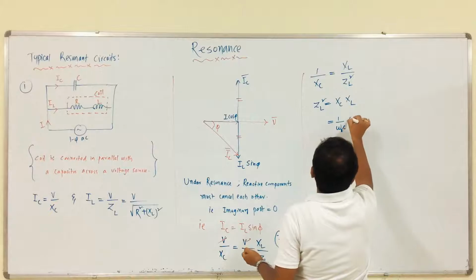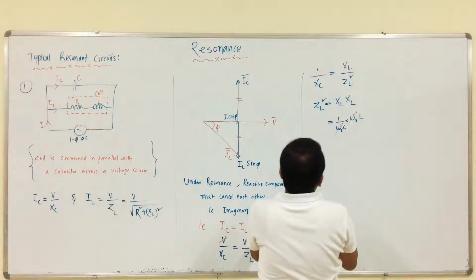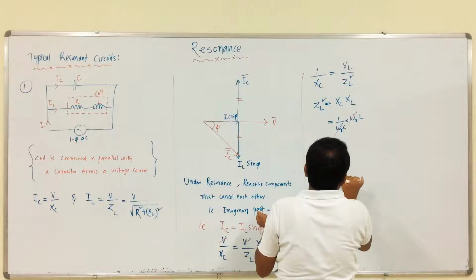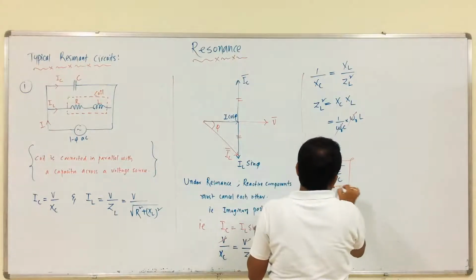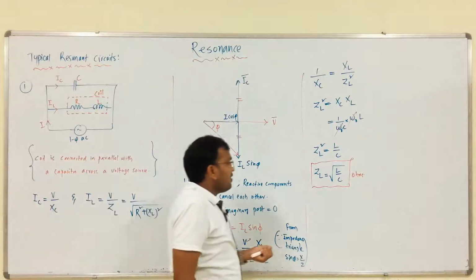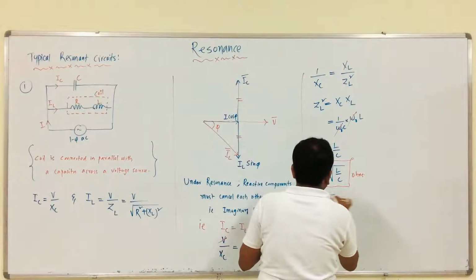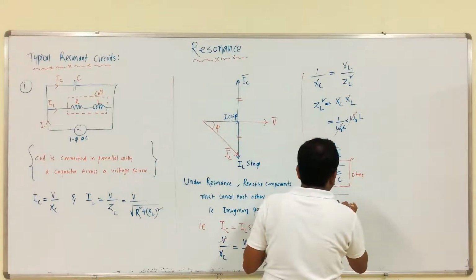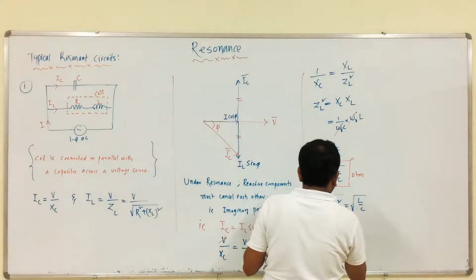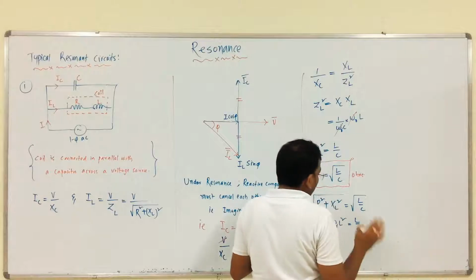Which is equal to 1 by omega C into omega L. Therefore, we got ZL square equals L by C. From this ZL is equal to the square root of L by C. Means R square plus XL square is equal to L by C, that is, R square plus omega L whole square is equal to L by C. From this we can get omega.